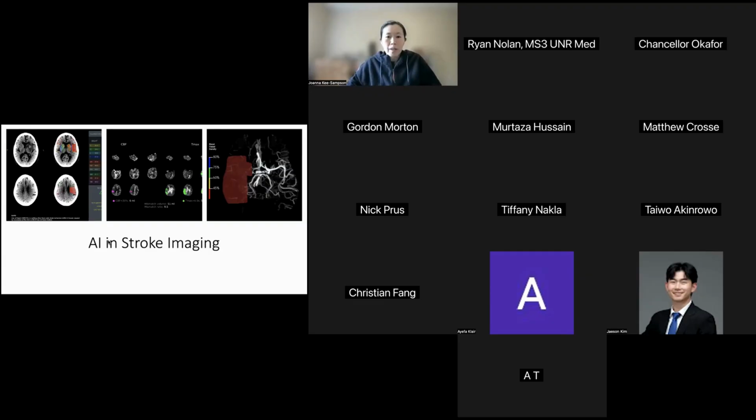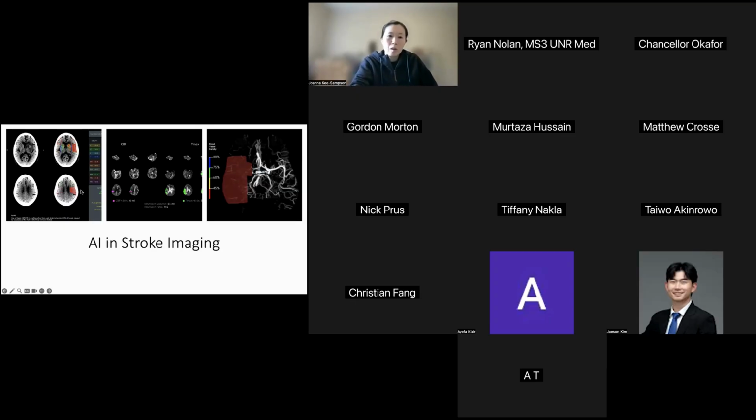And of course, AI is very much entrenched in our lives nowadays, and in medicine especially, right? AI actually helps a lot in stroke imaging by helping get patients from the onset of their stroke symptoms to the angio table for their endovascular thrombectomy.